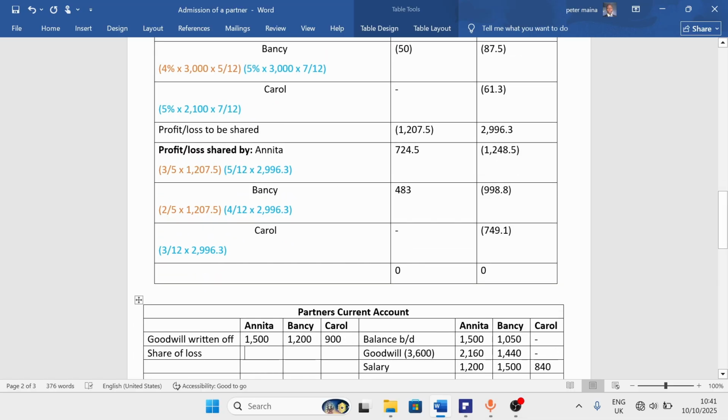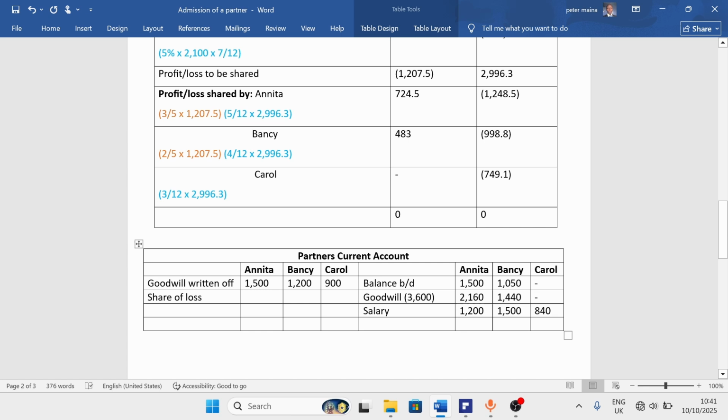Anita had a share of 724.5. Bansi had a share of 483. Carol was not a partner during that time, so she doesn't have a share of that loss.